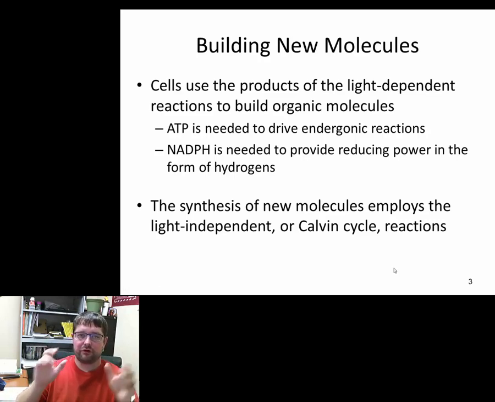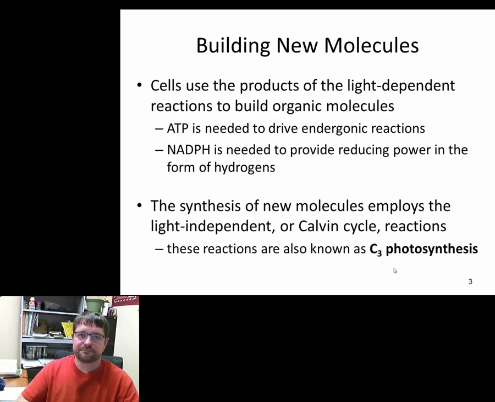Those terms are used interchangeably often, so you might see on an exam or a quiz Calvin cycle or light-independent reaction. It's just wording. Same thing.